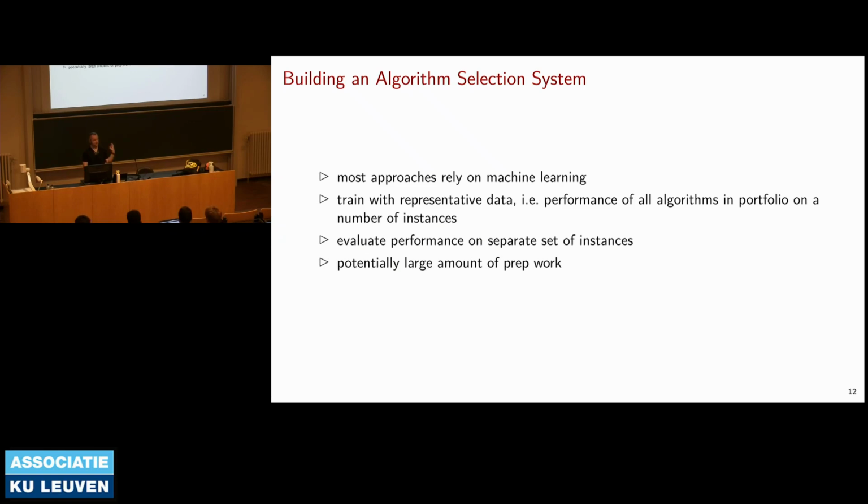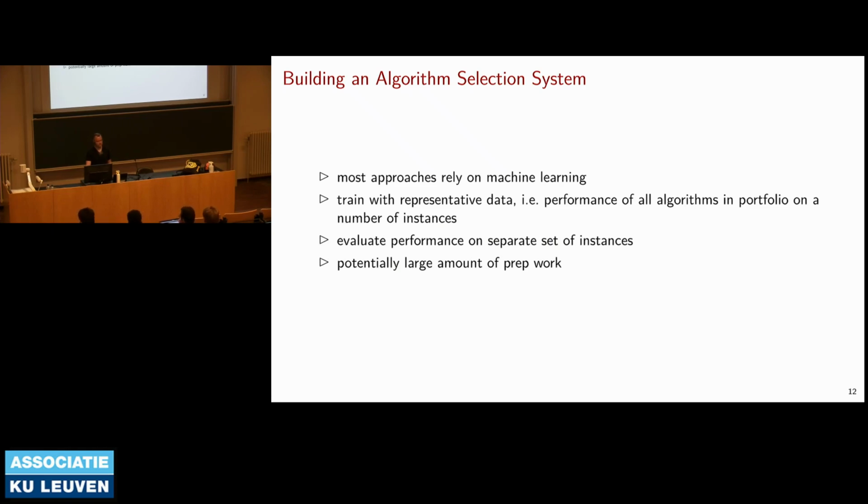And then I train on all of this data that I get. We'll get a little bit into the different types of models that I might be training. And as usual in machine learning, you've had the introduction to that yesterday, I then want to evaluate the performance on a separate set of test instances that the system hasn't seen during training.